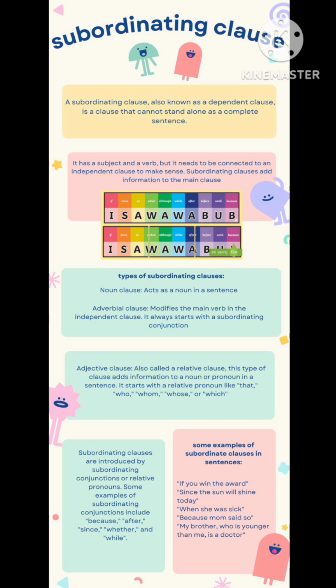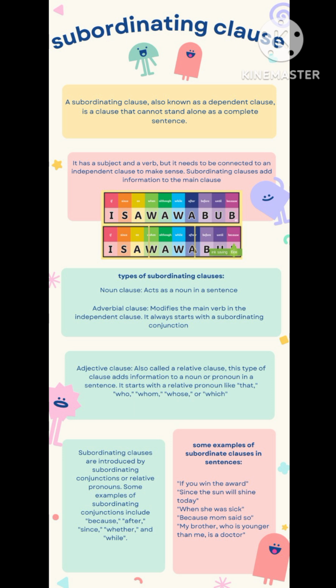Adjective clause, also called relative clause. This type of clause adds information to a noun or pronoun in a sentence. It starts with a relative pronoun like that, who, whom, whose, or which.